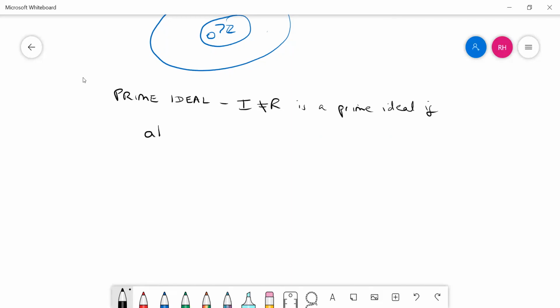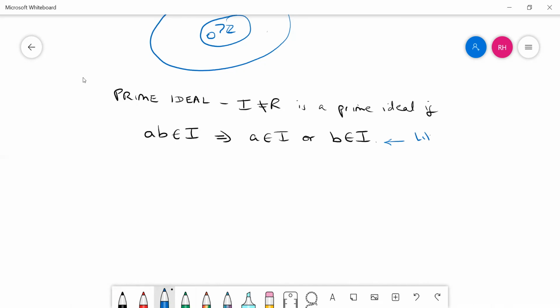If A, B, what are we saying here? AB is an element of I implies that A is an element of I or B is an element of I.